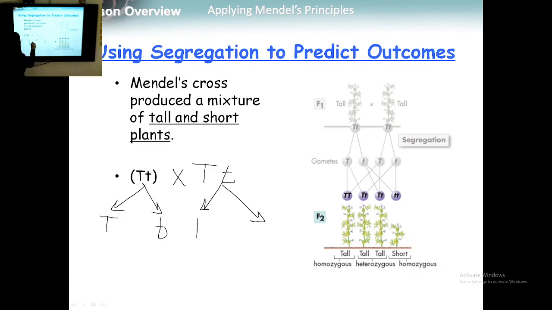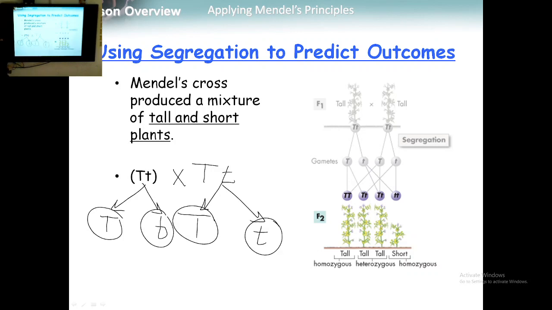We have T capital and T small. The mating between these 4 gametes, this is gamete number 1, 2, 3, and 4. There must be mating. That will form the first one, which is T capital, T small. The second one, T capital, T capital.